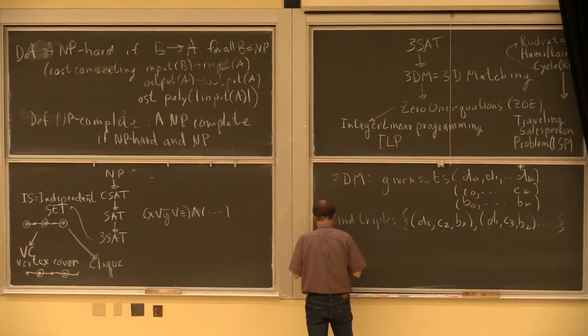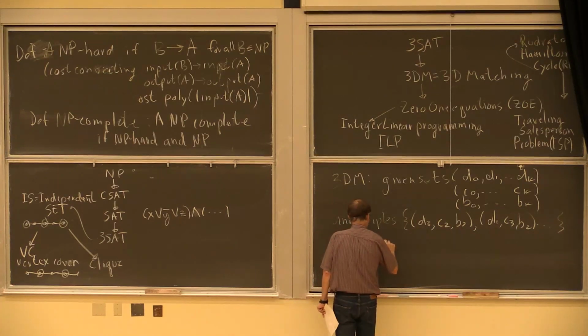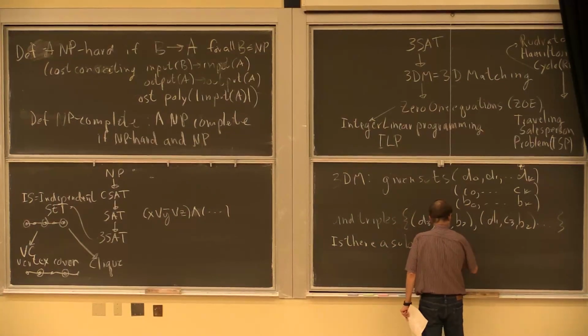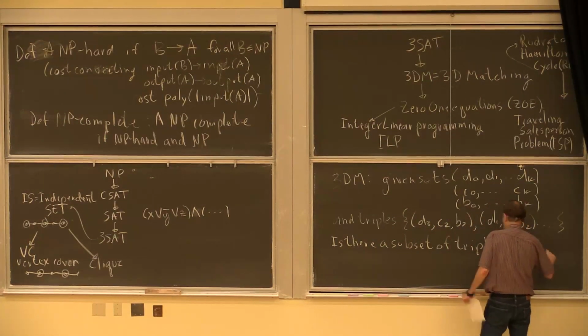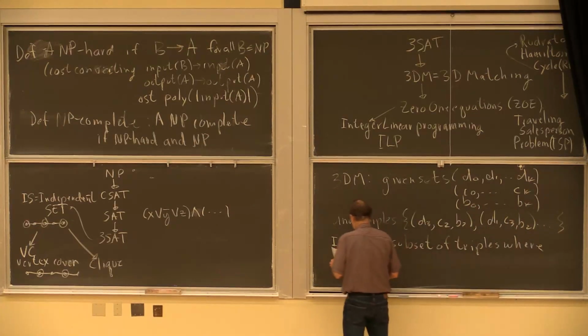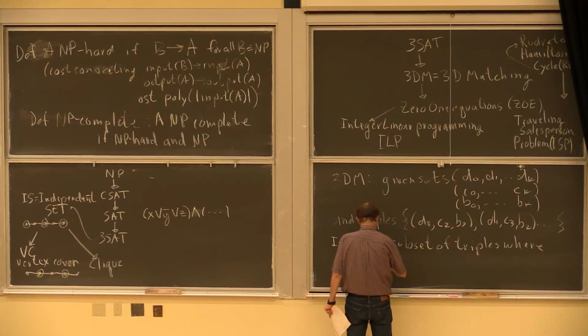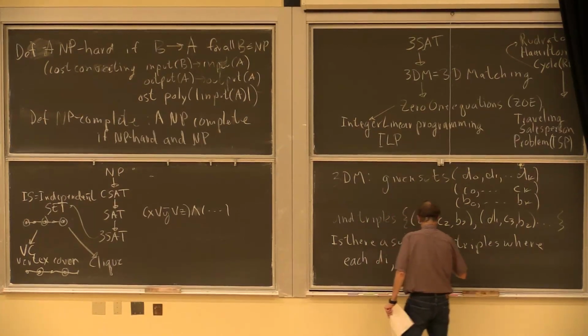So is there a subset of triples where each of those sets, entries of the set, so each Di, Ci, and Bi appear exactly once?